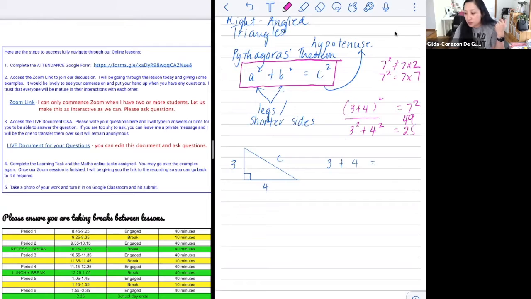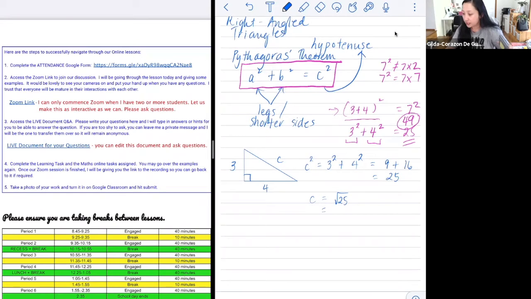We need to square each of the numbers first before we add them together. Square 3 and then square 4, you get 9, and then you add 16, you get 25. How do I get C? Because I don't want C squared, I just want C. So you get the square root of 25, we get C equal to 5.